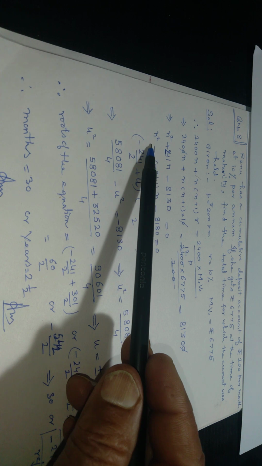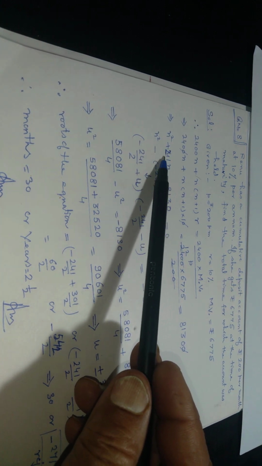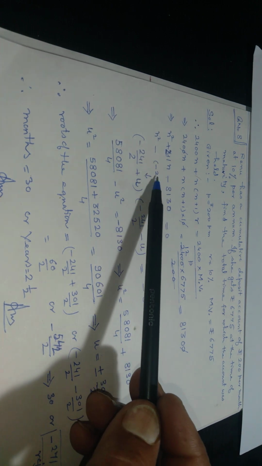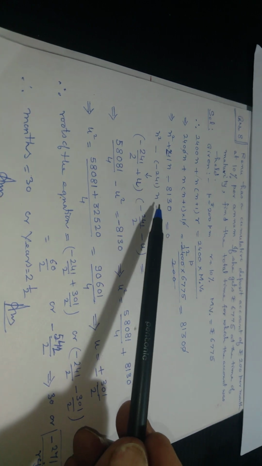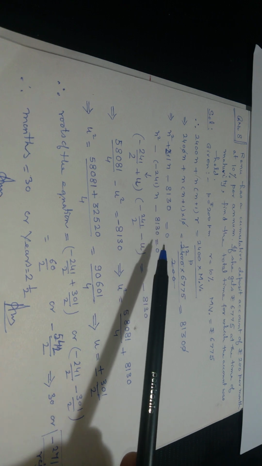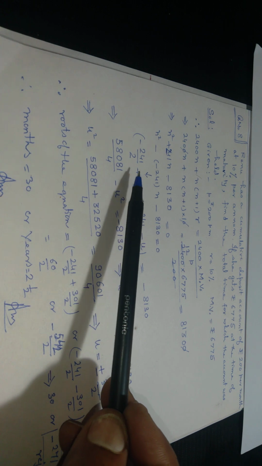We can just factorize this. We can write down this 241 like this, minus, you just put inside the bracket, again you write down bracket minus 241 n minus 8130 equal to 0. We see this is one of the methods to factorize like this.